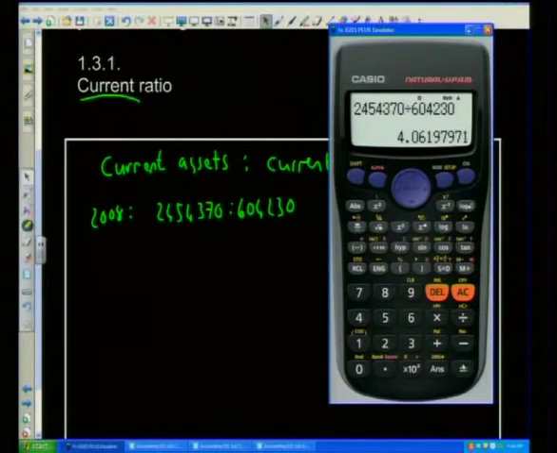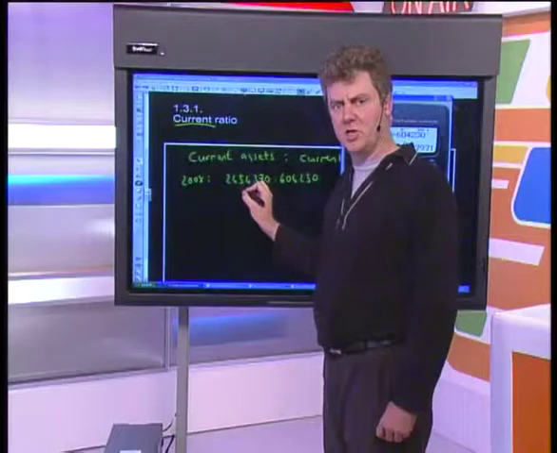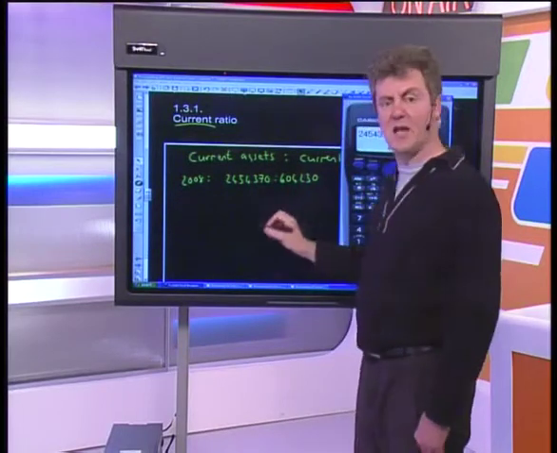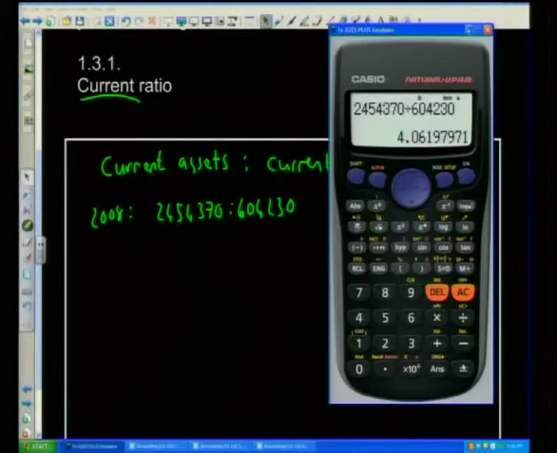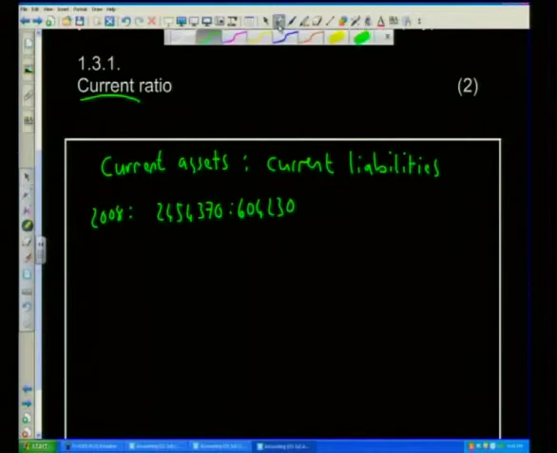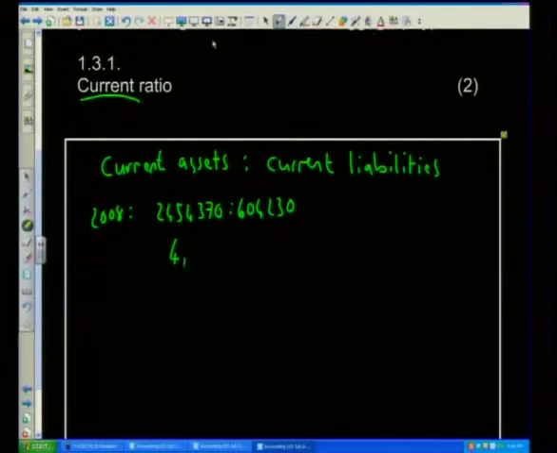And that gives me an answer of 4,06. That 4,06 means that the left-hand side of the ratio is 4,06 times larger than the right-hand side of the ratio. And please just bear in mind that when you're doing an activity like this, you should write the answer down as 4,06 to 1.